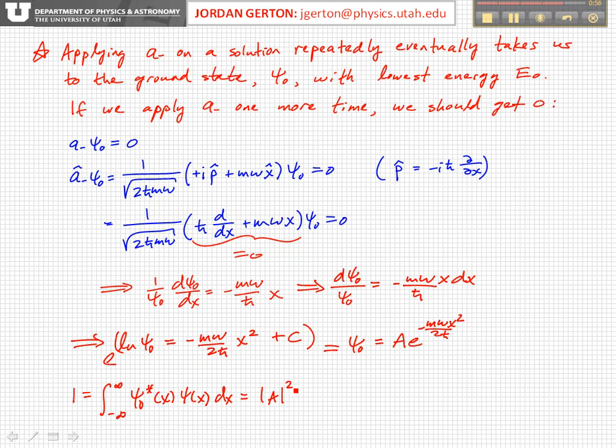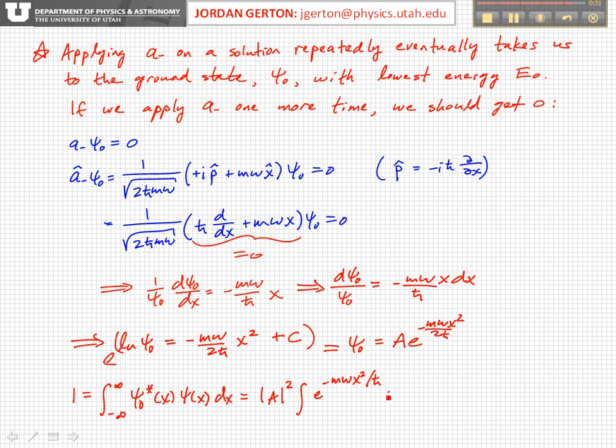A in general can be a complex number, and so we need to take the complex magnitude, the absolute magnitude squared, times the integral of e to the minus m omega x squared over h bar. The 2 goes away because we've squared.